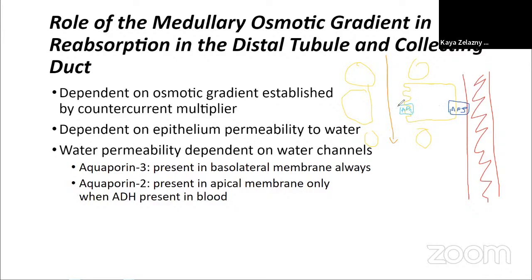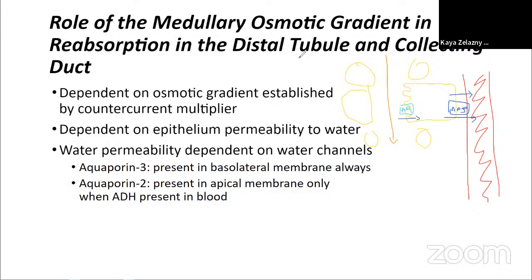If we're thinking about the movement of water out of the filtrate, so we're thinking about reabsorption back into the bloodstream, it doesn't just matter that we can get water from the inside of the cell into the plasma, because we need water to get all the way from the filtrate into the plasma, right? We need it to go first out of our filtrate, so the stuff that's becoming urine, into the cell, and then also all the way into the bloodstream.